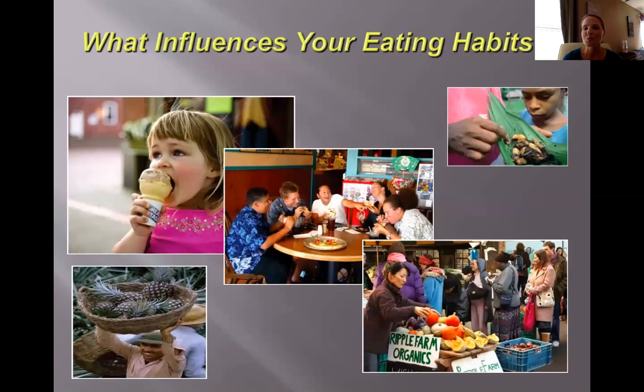All right, so what influences your eating habits? We're going to do a little project called the Melting Pot, where you'll explore different regions of the world and what they eat. If you think about why you choose what you eat, it's probably a lot to do with where you grew up.